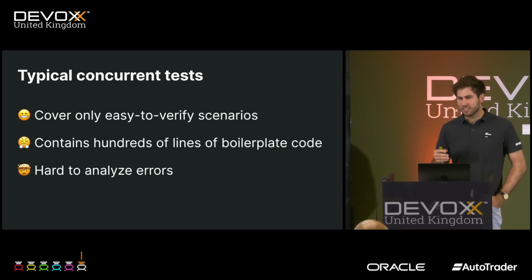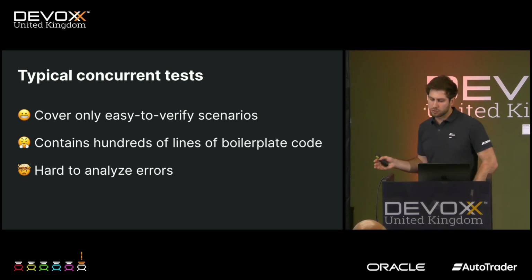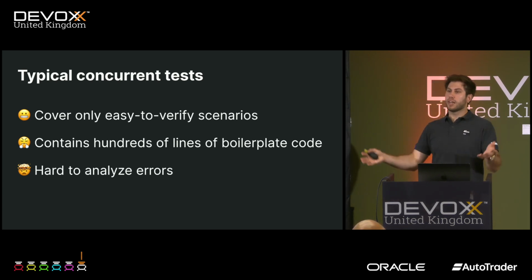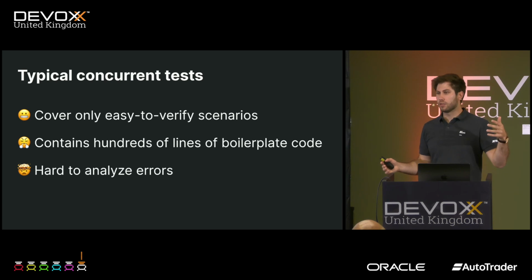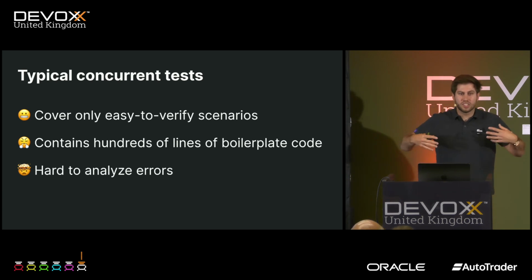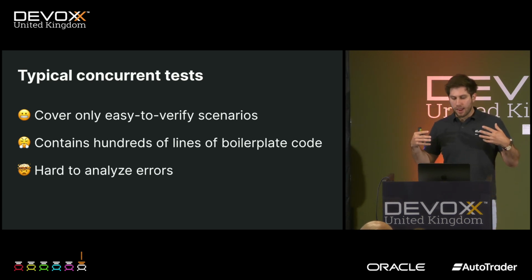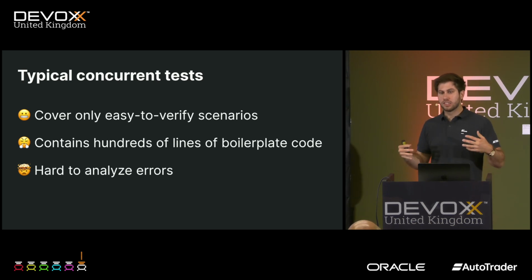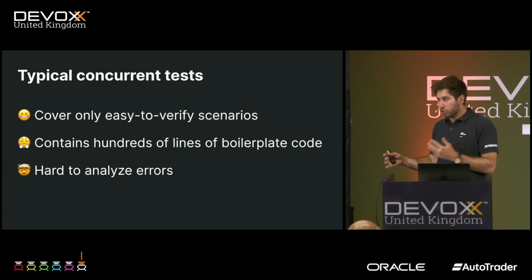And these stress tests are often non-deterministic, so sometimes they flake. They cover only easy to verify scenarios, like you have 2 threads, you add elements in one thread, you retrieve elements in another one, then you check some simple conditions. And also these tests usually contain a lot of technical code that is not related to the logic we want to test.